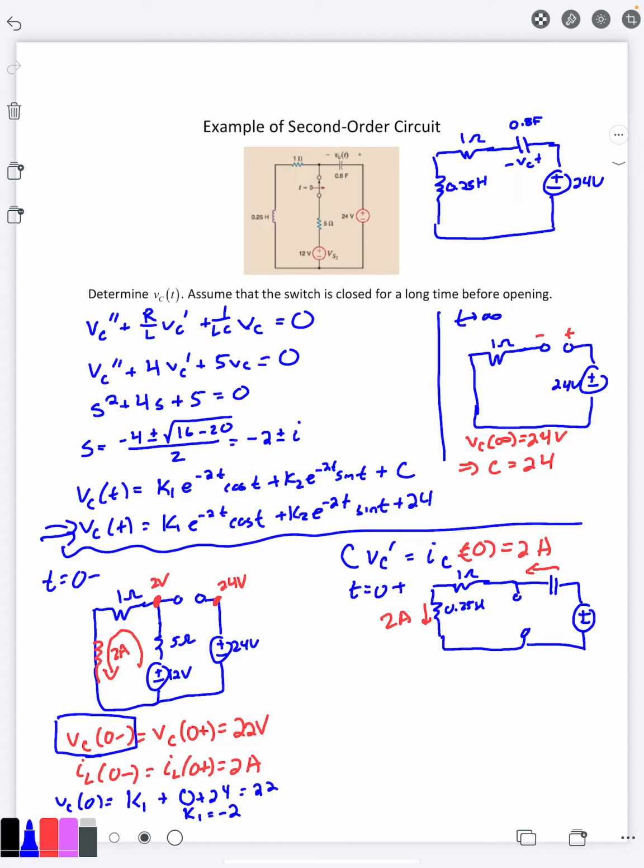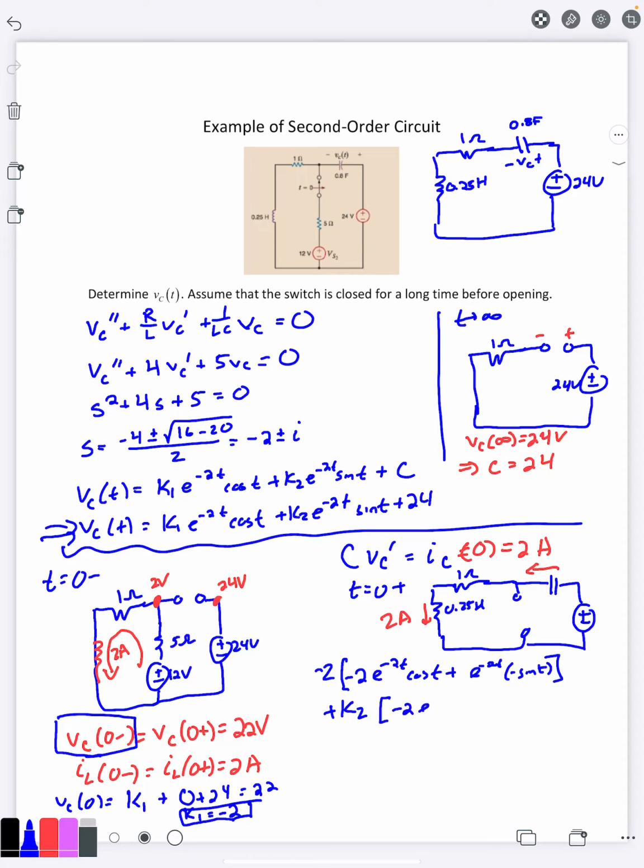So once again, I need to take this formula I got and take the derivative. I do know my K1 is negative 2 at least. So I'd have negative 2, and then the derivative of e to the negative 2t cosine t is going to be negative 2 e to the negative 2t cosine t plus e to the negative 2t times negative sine t, plus K2 times the derivative of the second part.